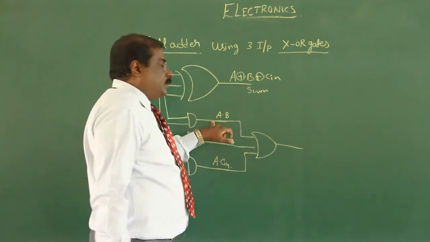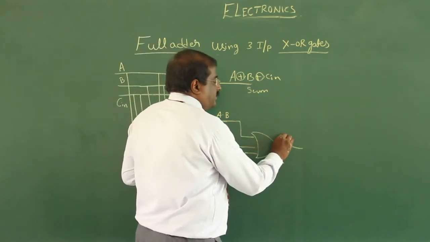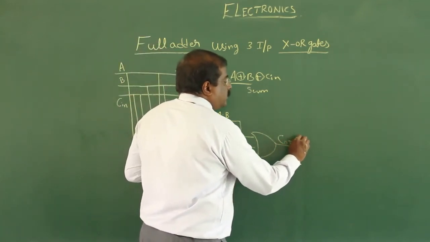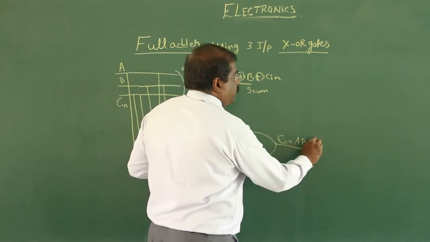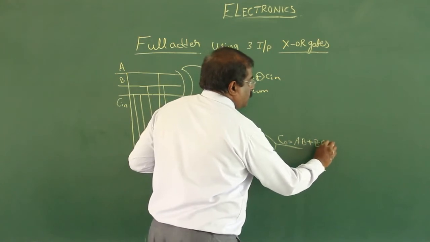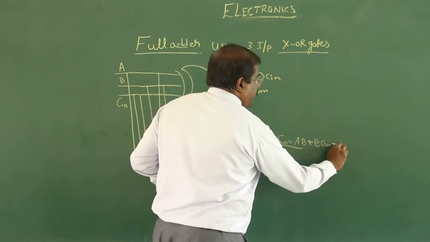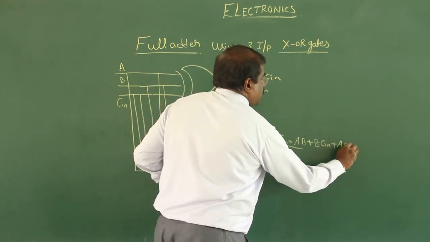So at that time the logical expression for the carry bit is C out equals A dot B plus B dot C in plus A dot C in.